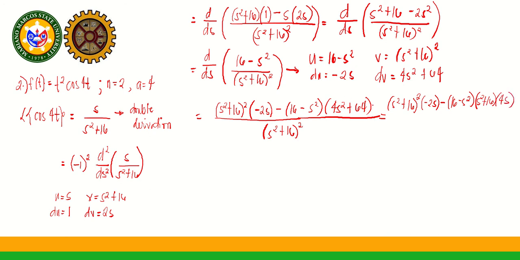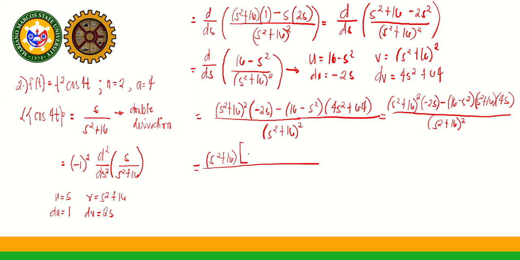Break down lang natin to into this one, divided by s squared plus 16 quantity squared. Bakit natin siya finactor? So that we can factor out si s squared plus 16 since common sa kanilang dalawa. So this will be equal to factoring out s squared plus 16.